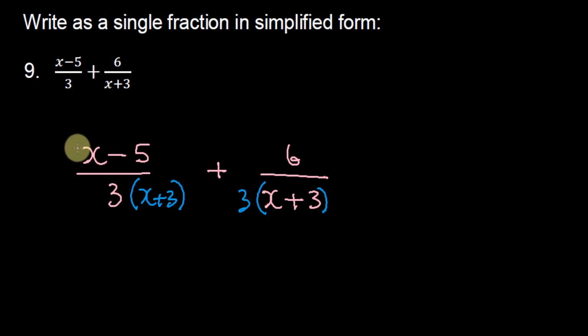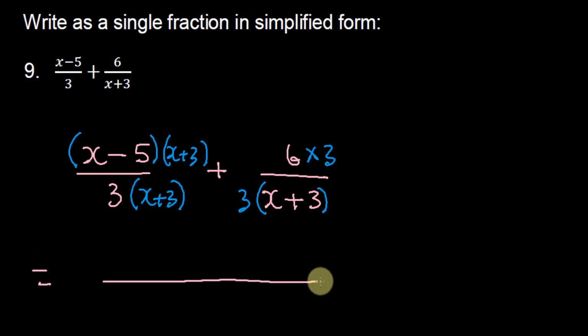We also multiply the numerators, so the x minus 5 here by x plus 3, and the 6 here by 3. The denominators are now the same, so writing everything over one denominator. And we can multiply out in the top here, so multiplying out the brackets.